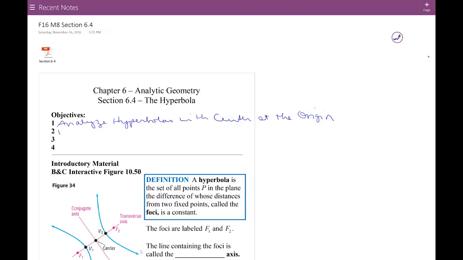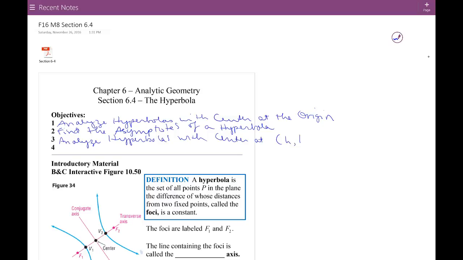Hyperbolas have one more step than parabolas and ellipses, which is to find the asymptotes of a hyperbola. Then the third objective is going to be to analyze hyperbolas with the center at any arbitrary point (h, k).